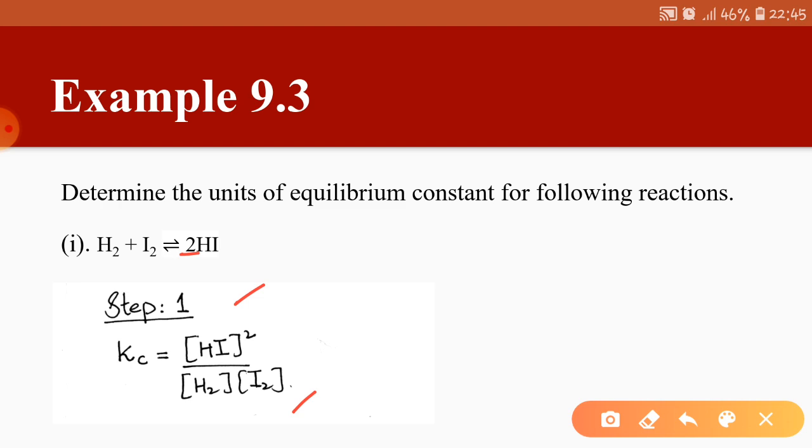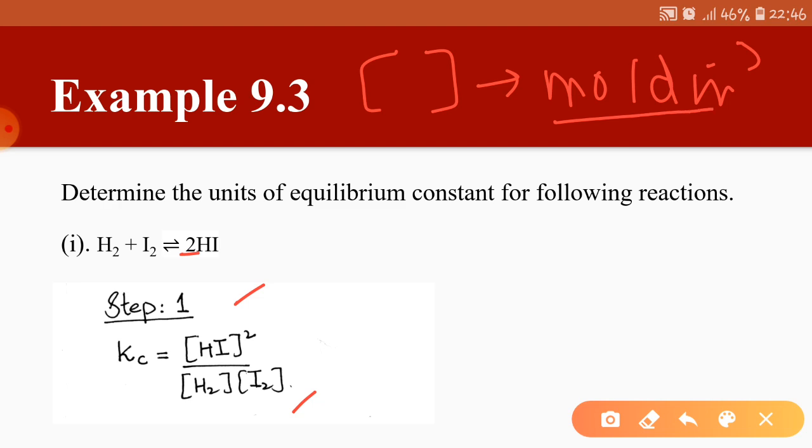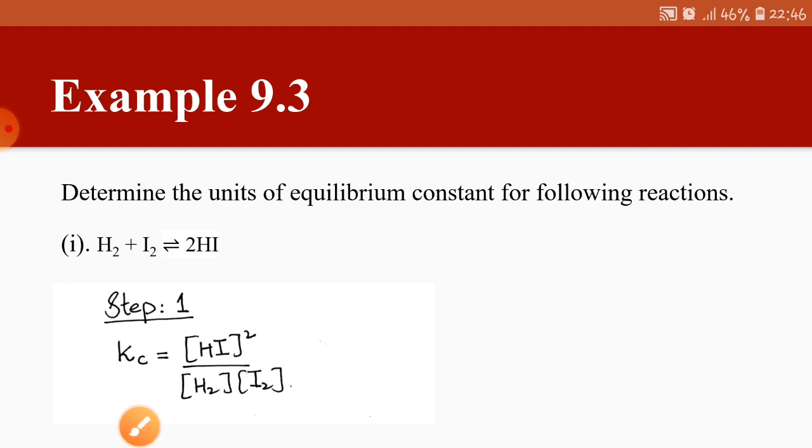Now what does the square bracket mean? Square bracket means that the concentration is being expressed in mole per decimeter cube. So this means that the concentration unit for HI would be mole per decimeter cube. Same is the case for H2 and I2.